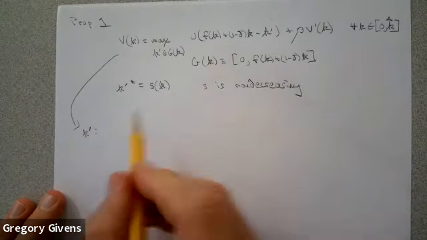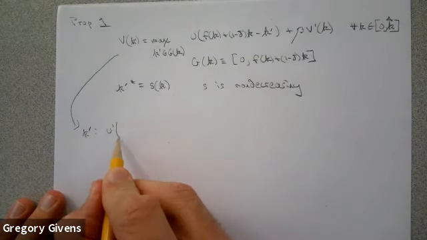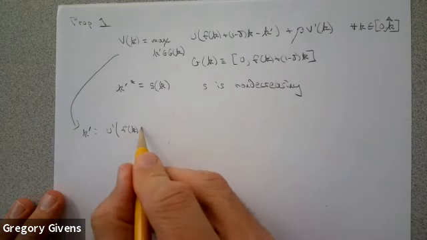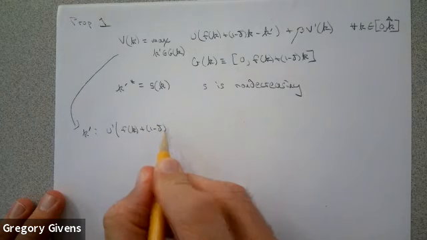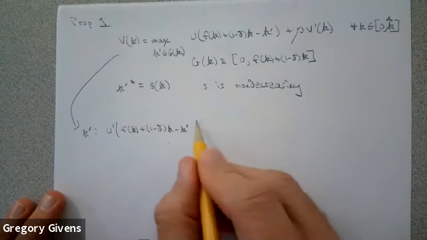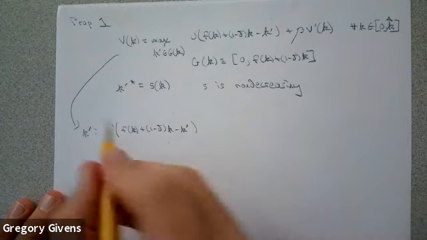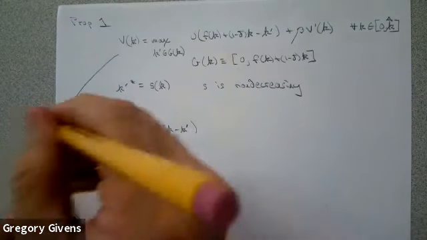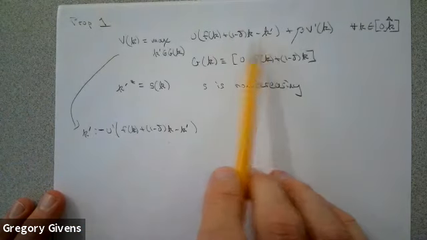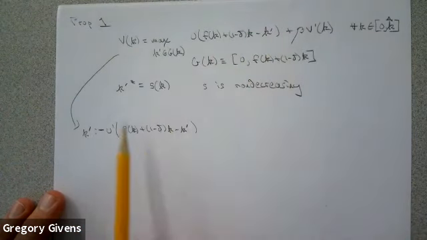Well, it would be what? U prime of f of k plus 1 minus delta k minus k prime times the -1. Right, you guys got to be able to do these first order conditions. So what's the derivative of the value function with respect to k prime?